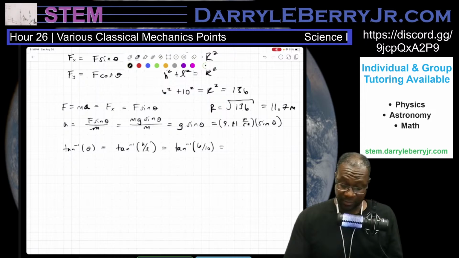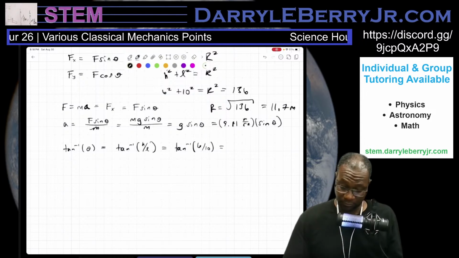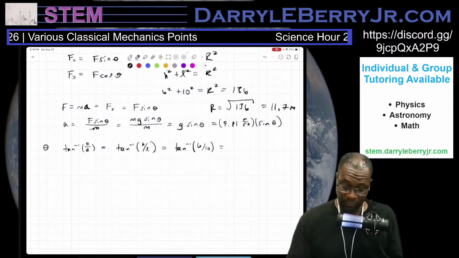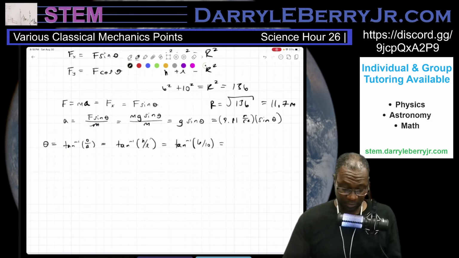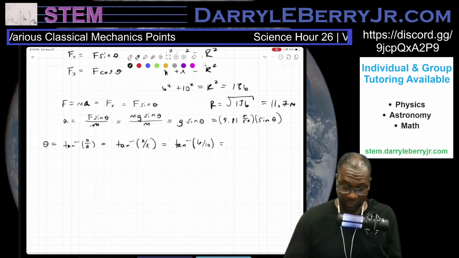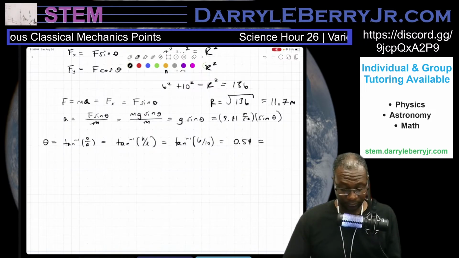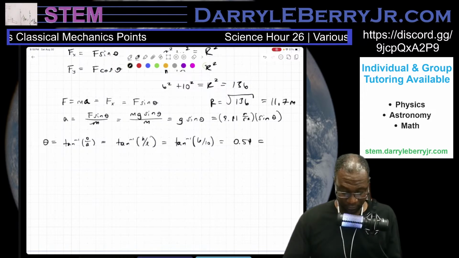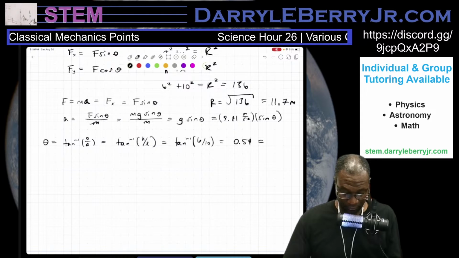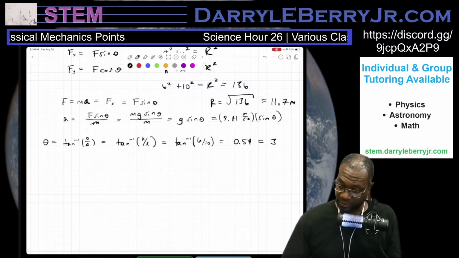So theta is, second tan 6 over 10. So that's 0.54 radians. It's about 31 degrees.